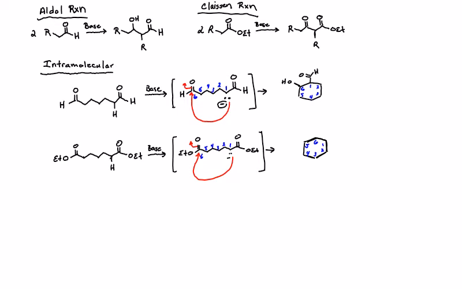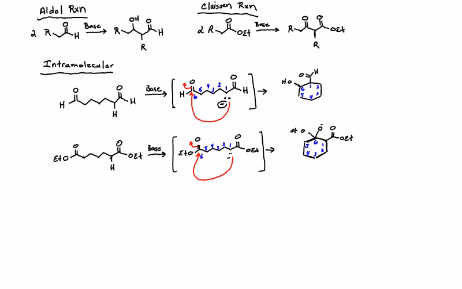We just need to keep track of which carbon's which. So carbon 1 is going to be the carbon that has the ester on it. Okay, and carbon 6 was the one that got attacked, which means it's the one that's going to have an oxide, a negatively charged oxygen, as well as an ethoxy group.